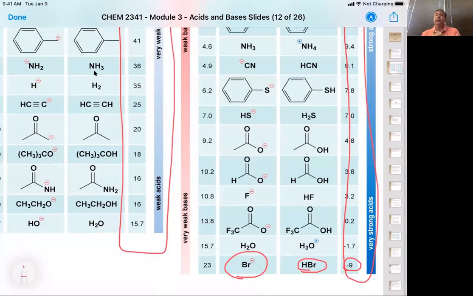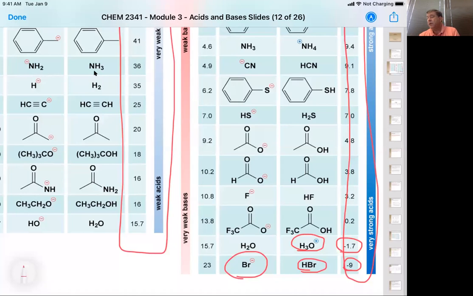Everything below 0 is what we call a very strong acid, or as you approach 0. So that means the hydronium ion is also very strong at a -1.7. See, these are different numbers than we saw on the pH scale. So we need to make sure that we're looking at the pKa of these different organic compounds, because that only works with hydronium ion. Here we're going to be protonating other species.